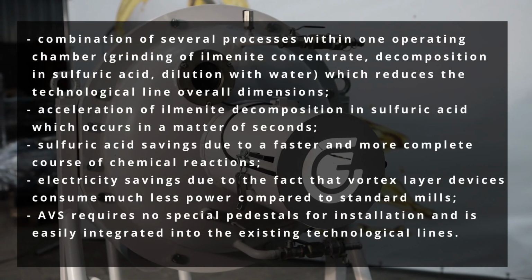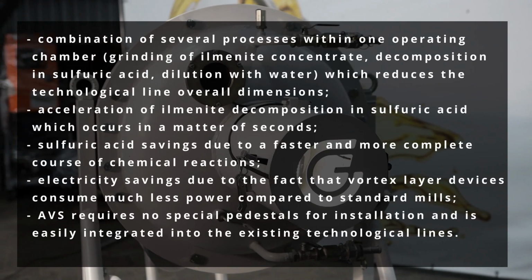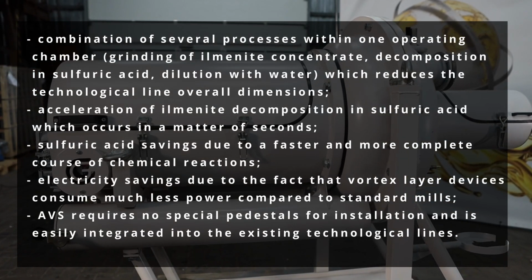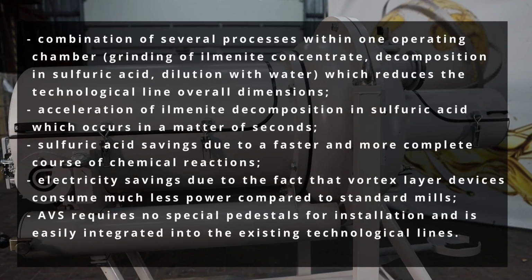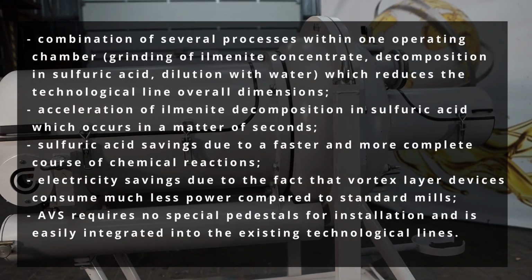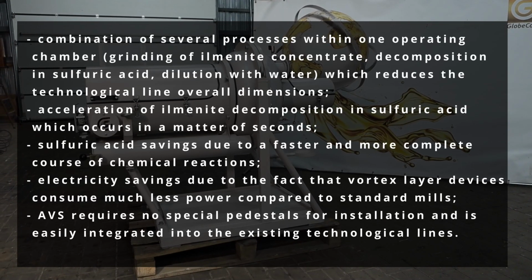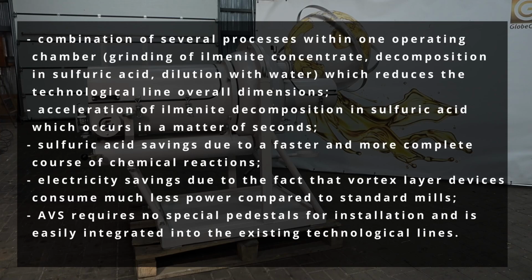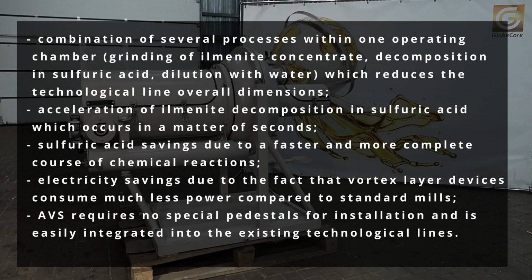Acceleration of ilmenite decomposition in sulfuric acid, which occurs in a matter of seconds. Sulfuric acid savings due to a faster and more complete course of chemical reactions. Electricity savings due to the fact that Vortex layer devices consume much less power compared to standard mills. AVS requires no special pedestals for installation and is easily integrated into the existing technological lines.